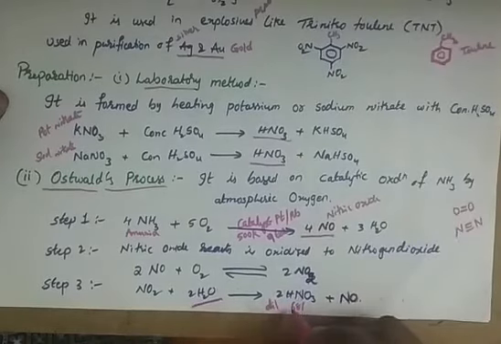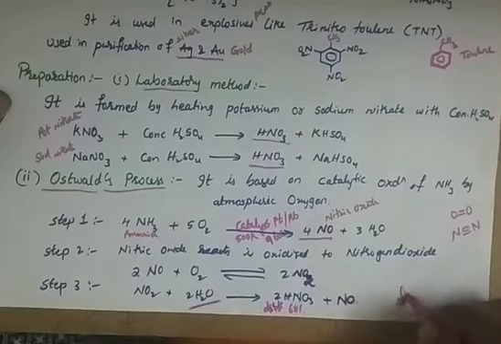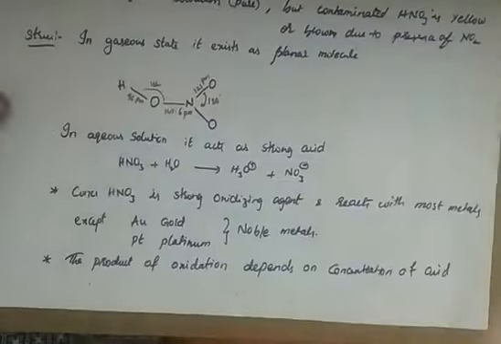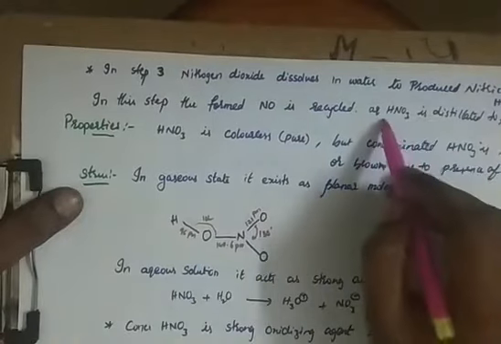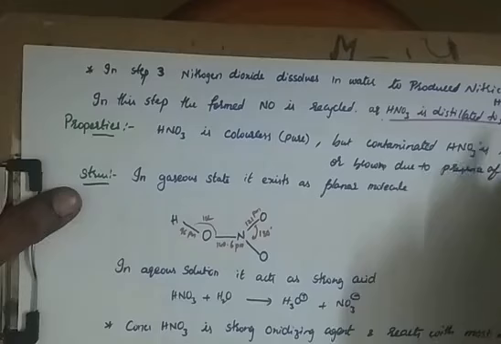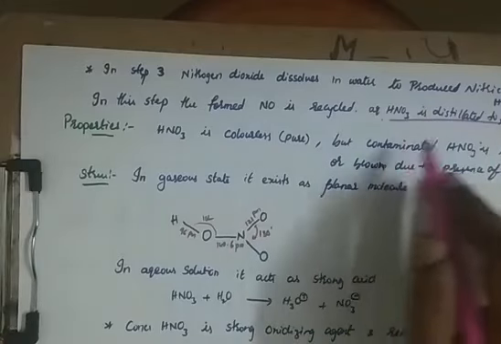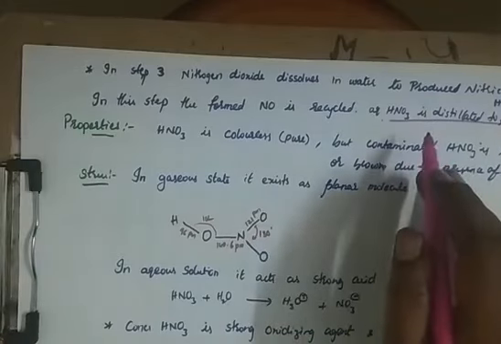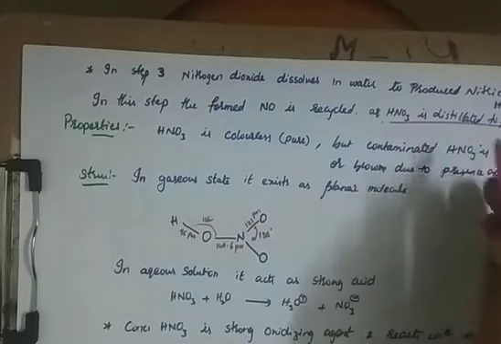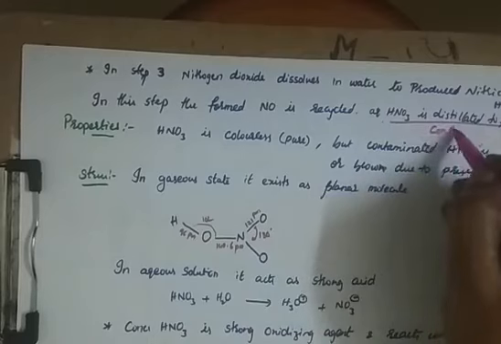Since it is diluted, if we do distillation, it leads to 98%. Here HNO3 is 68% only, but further concentration to 98% can be done by dehydration with concentrated H2SO4.